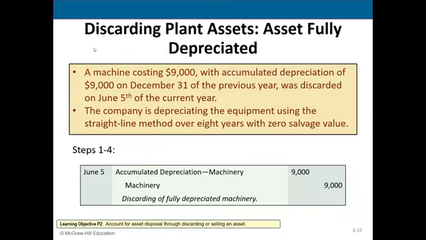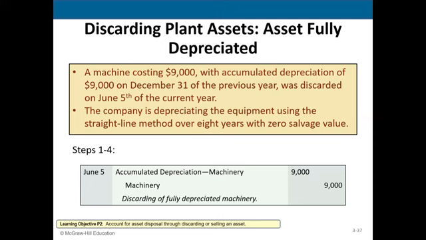Our piece of machinery, as you know, cost $9,000. Here we are. We've reached the end of its useful life, and we're going to dispose of it. In this example, there is no salvage value. It's not worth anything at the end of its useful life in this case.